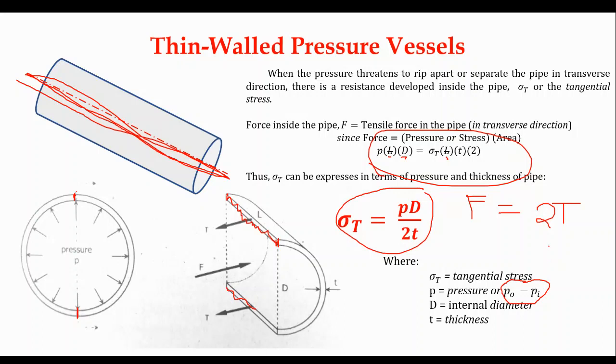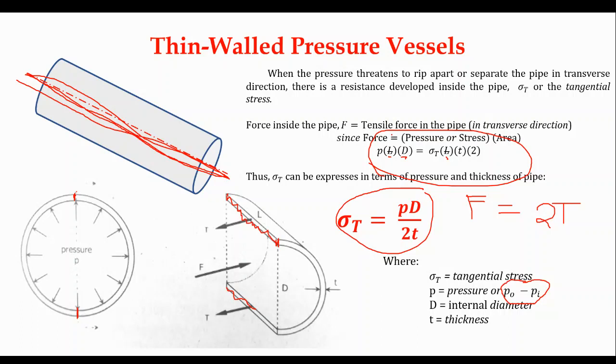Pero kung wala na siya nalublob or na kanang lubong, exposed siya sa atmosphere, di walay pressure sa gawas. So, ang atoan lang gamiton is katong pressure mismo ni water or ni gas sa sulod sa pipe. And then, ang D is the internal diameter sa pipe. Ang T is the thickness sa pipe.